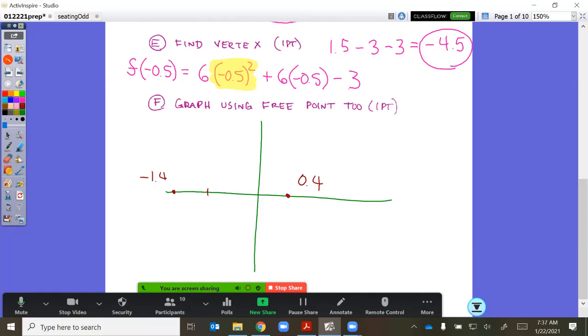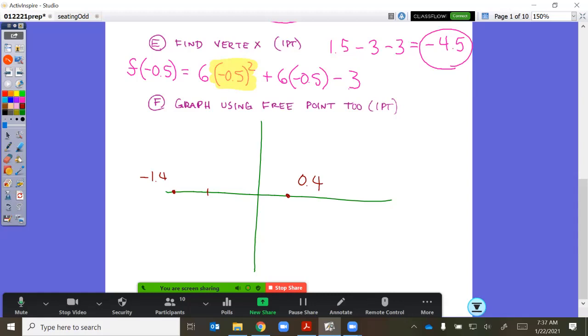Okay. What else are we thinking about? Oh, I'm going to have to make the y-axis a smaller scale. Oh, what was our axis of symmetry?